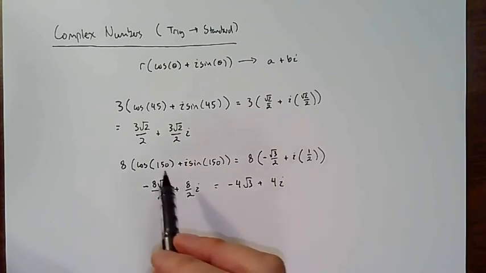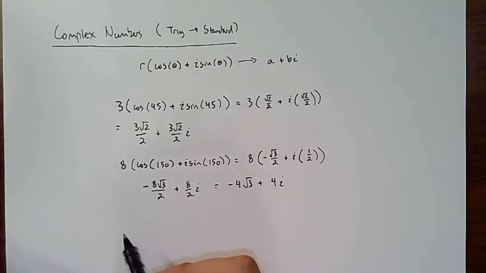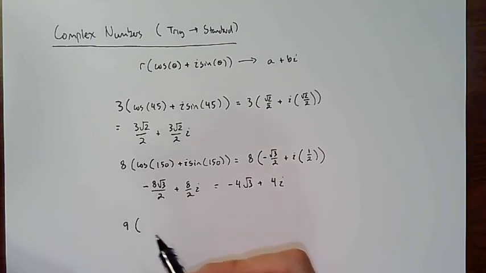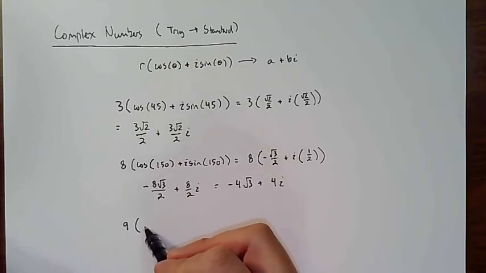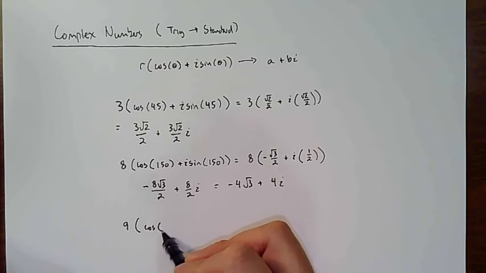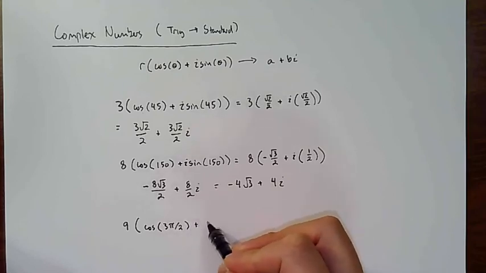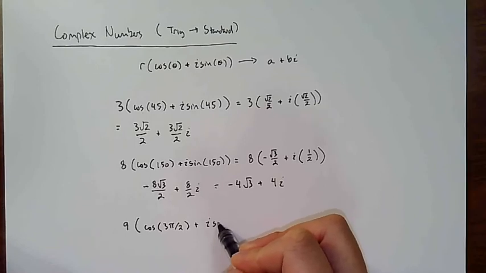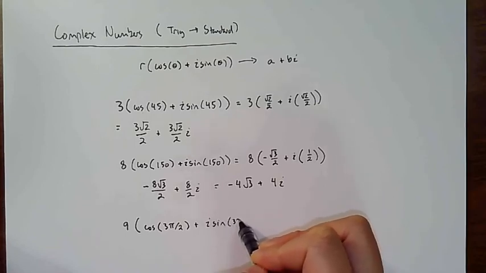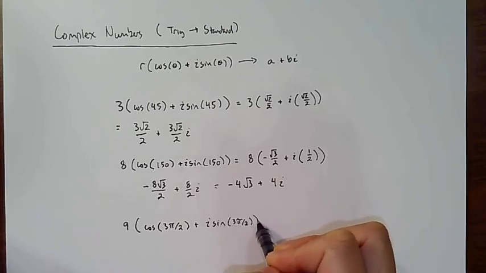Now you notice I did these in degrees. You can also do this in radians. So here's one in radians. 9 times the cosine of 3 pi over 2 plus i sine 3 pi over 2.